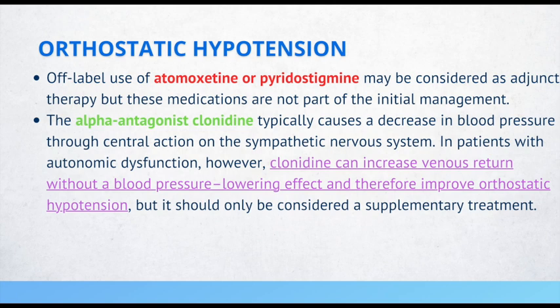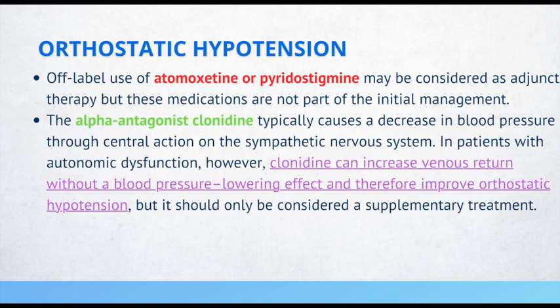In patients with autonomic dysfunction, however, clonidine can increase venous return without a blood pressure lowering effect and therefore improve orthostatic hypotension, but it should only be considered a supplementary treatment. Phenylephrine may also be considered as a second-line option, but this is not a part of the initial management of orthostatic hypotension.